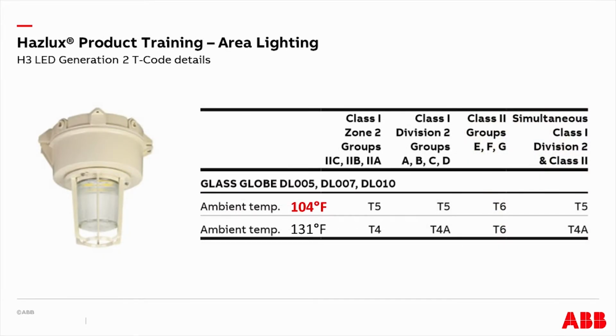If the product is placed in an area with an ambient temperature of 104 degrees Fahrenheit, within a lumen range of 5,000 to 10,000, and the classification of that area is Class 1, Division 2, then the T rating of the product is T5. However, if the same product at the same ambient temperature is classified in a Class 2 environment, the T rating shifts to T6. Depending on the ambient temperature and lumen level, you need a T rating that is suitable for the exact requirements of your project.